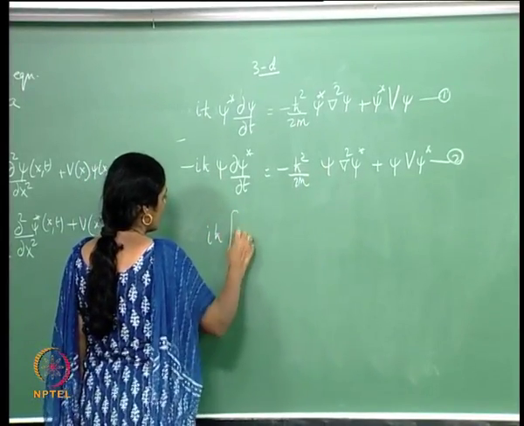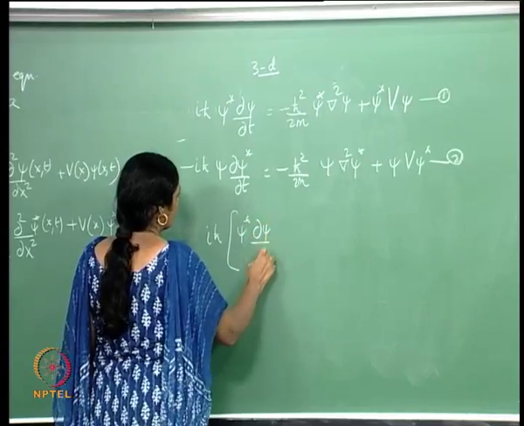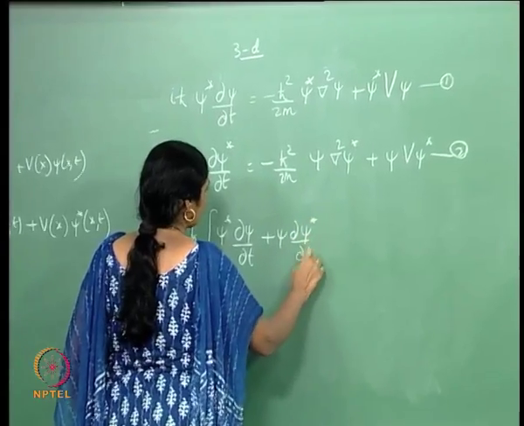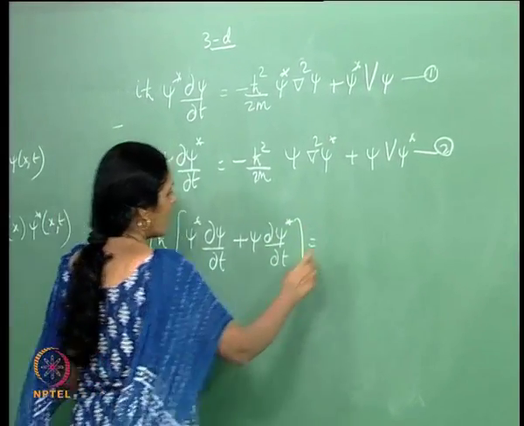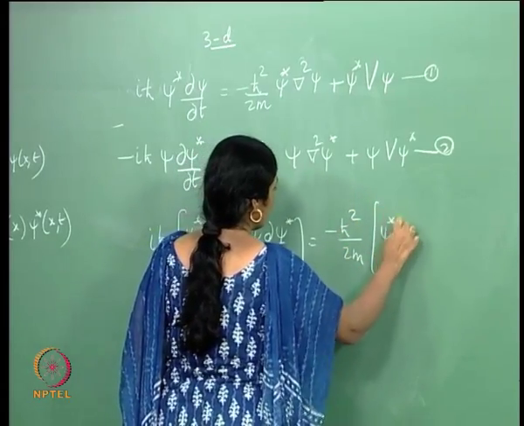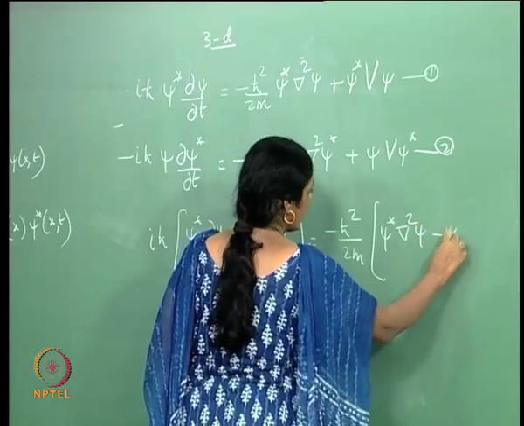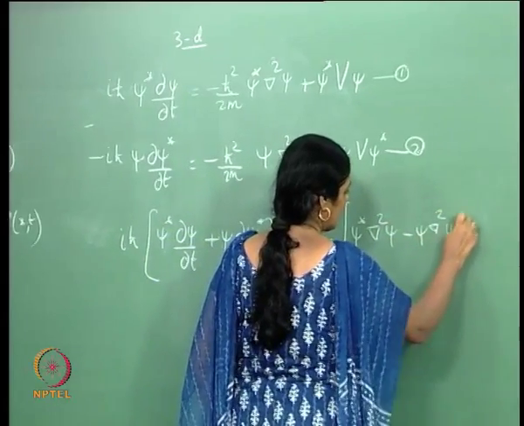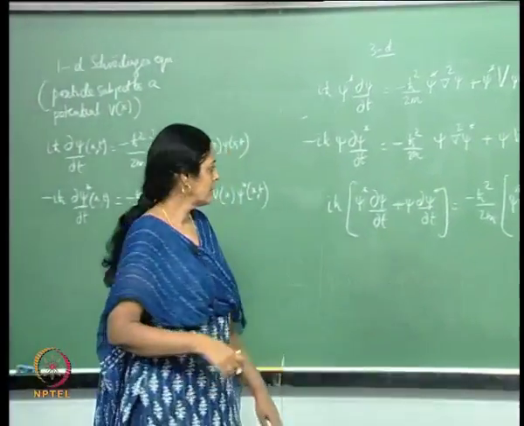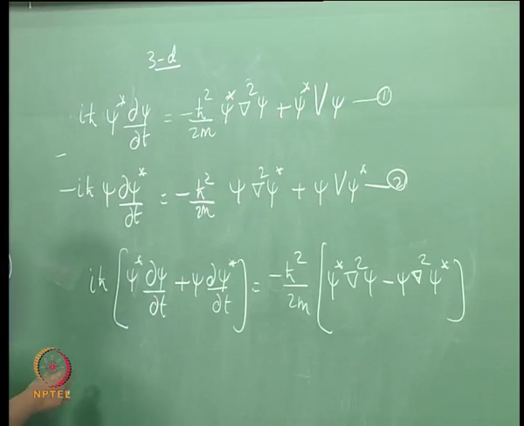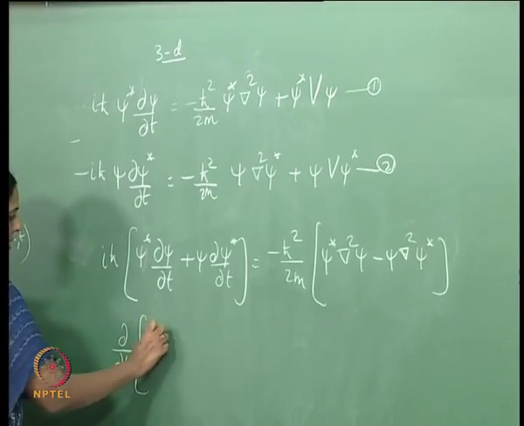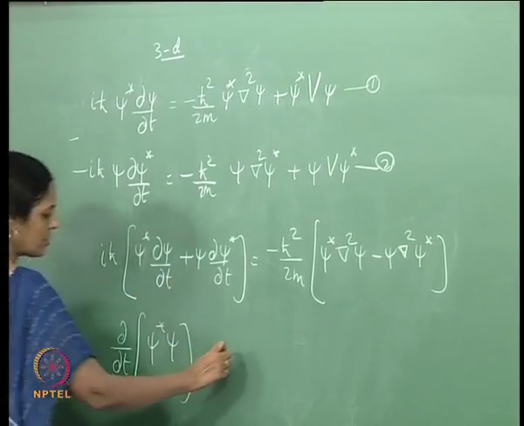iħ (ψ* ∂ψ/∂t plus ψ ∂ψ*/∂t) is minus ħ²/2m (ψ* ∇²ψ minus ψ ∇²ψ*), and the potential term cancels out. I can always write the left side as iħ ∂/∂t of ψ*ψ, that takes care of these two terms.